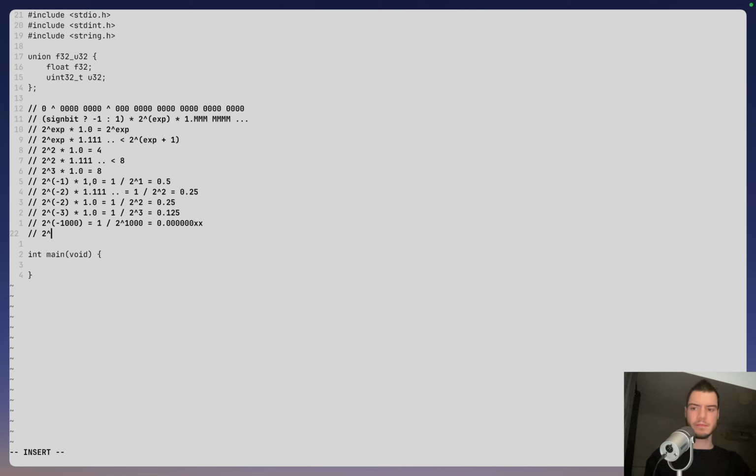And that rule is that our number to the power of this special exponent value is now multiplied by 0 point and then the 23 mantissa bits. And now we can see how we get to 0, because if all our mantissa bits are set to 0, we just get 2 to the power of our special exponent times 0, and that's just 0.